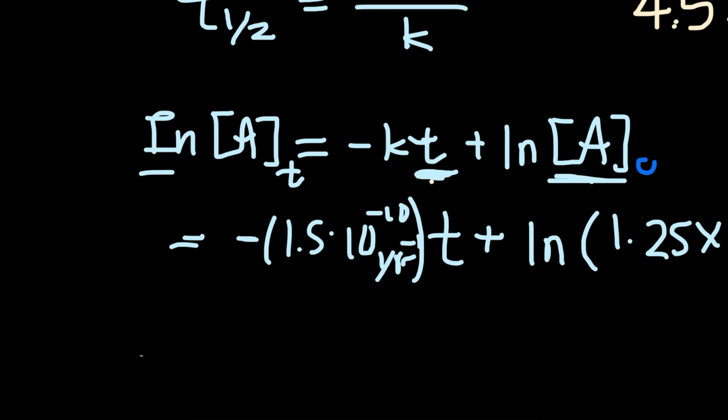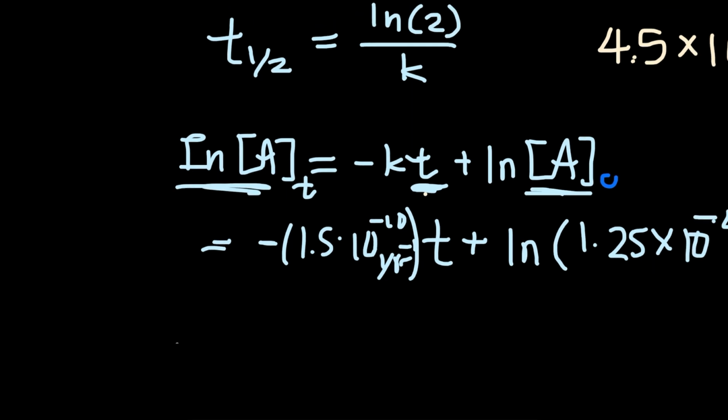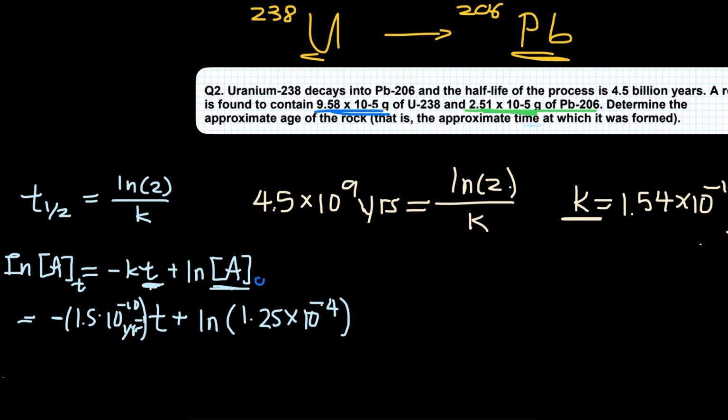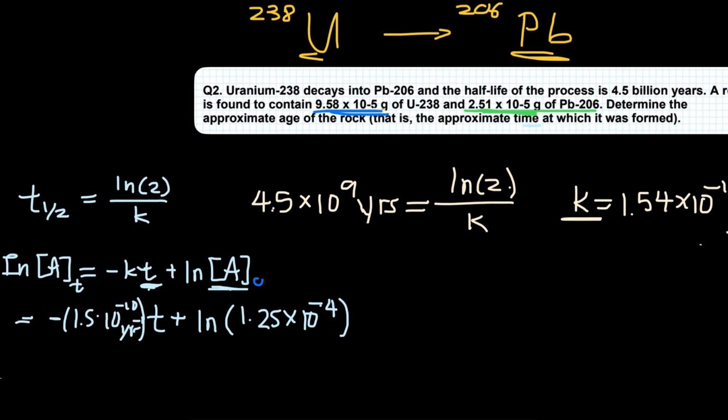And then what do we put for our mass at a certain time? The time is the age of the rock, but it's also the amount of time that has passed for this reaction to occur. So the mass at this time is just the mass that remains, which we're given here.